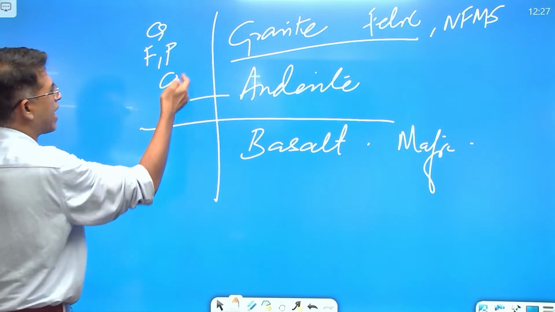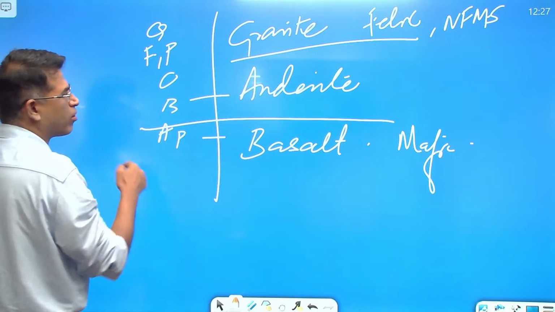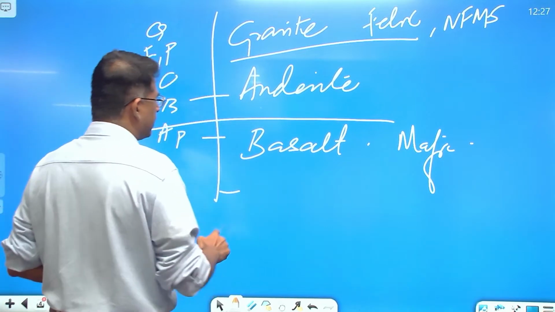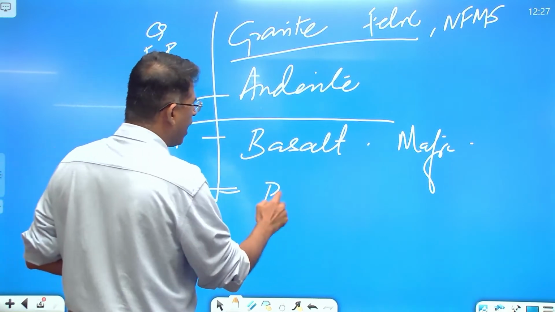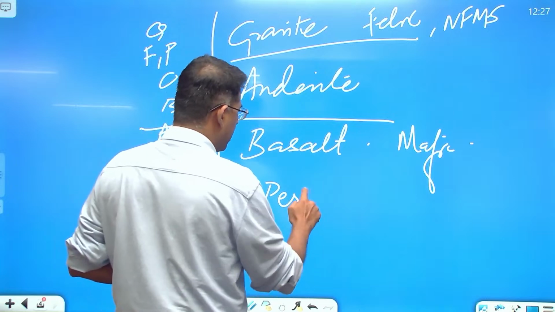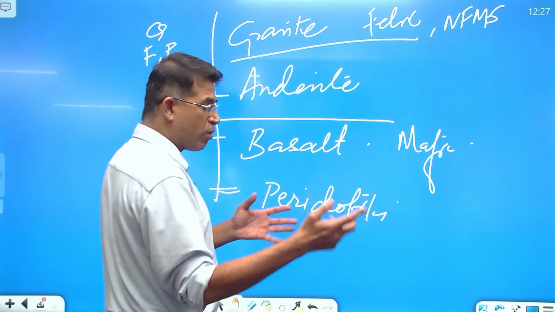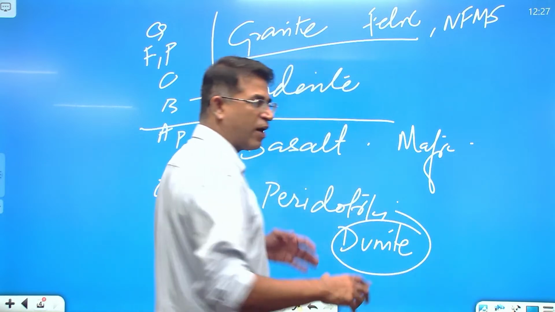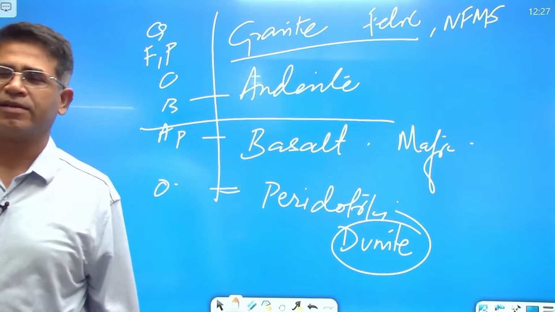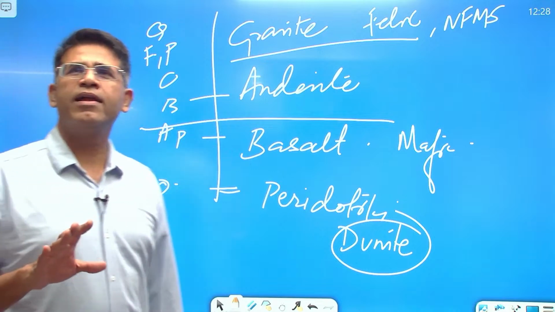Andesite has biotite and this type. Basalt has amphibole, pyroxene. Of course, I didn't mention olivine. This we have in the rock called peridotite. I mentioned one more rock, dunite, which is found in the deeper parts of the earth. I think these terms are fine for all of you. Any doubts on this?